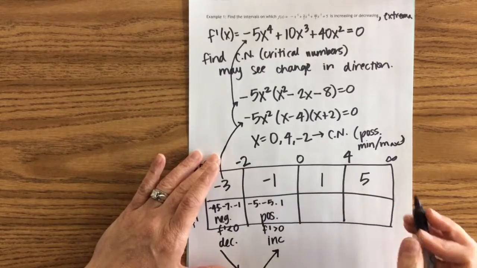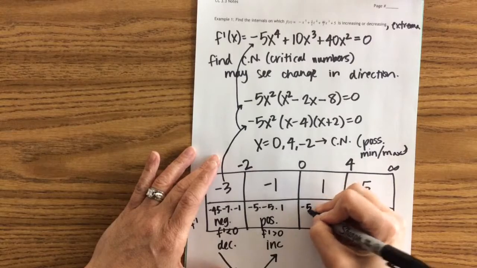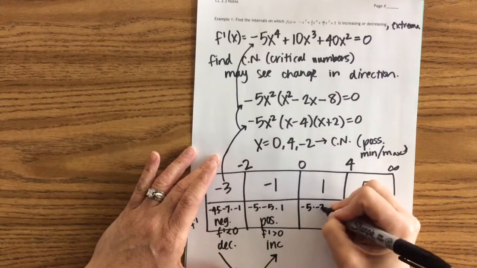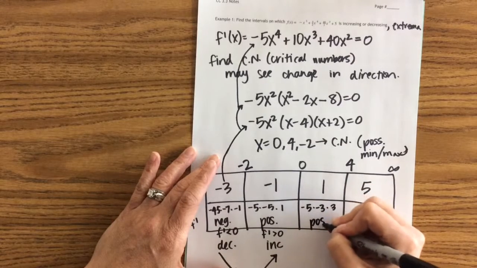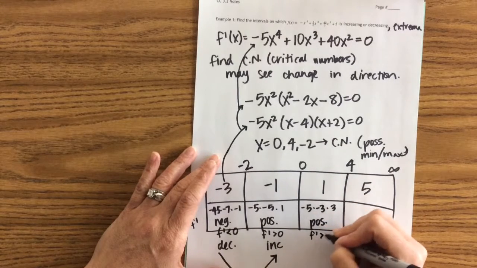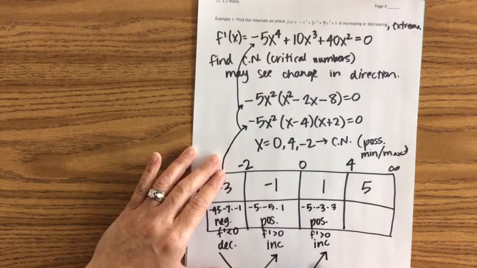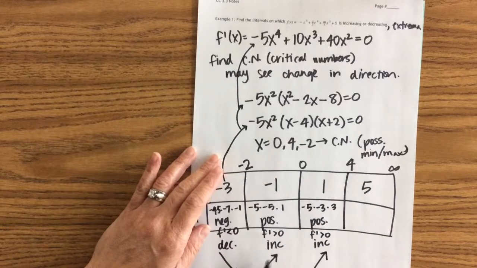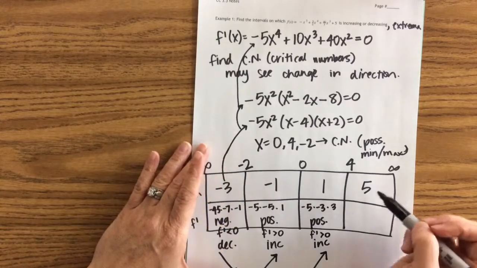All right, got to repeat 2 more times. I'll plug in 1. If I plug in 1, I get negative 5 times negative 3 times 3. I got a positive number there. That means my first derivative is greater than 0. That's another increasing. Kind of unexpected. You usually see a change in direction, but it happens that we sometimes don't.